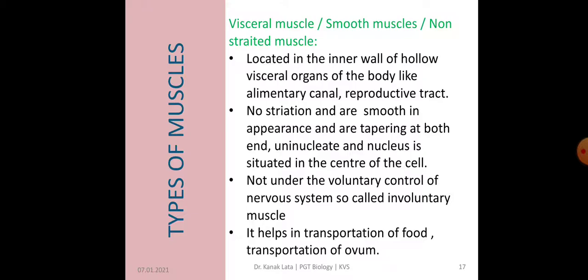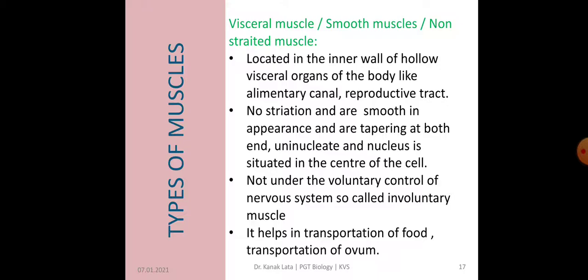Now let us discuss smooth or non-striated muscle. It is not associated with bones but occurs in the inner wall of hollow visceral organs of the body like alimentary canal, reproductive tract, etc. A smooth muscle fiber is spindle shaped, that is tapering, uninucleate and without striations.